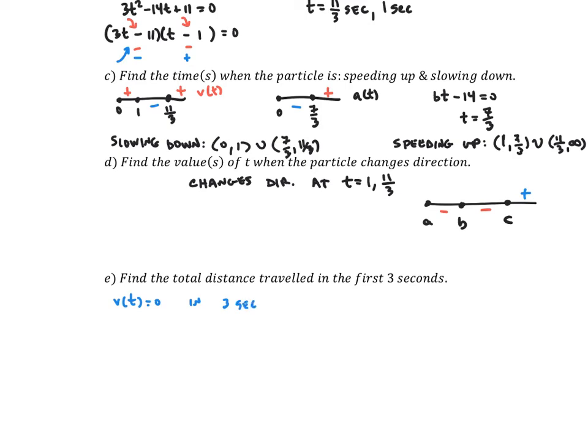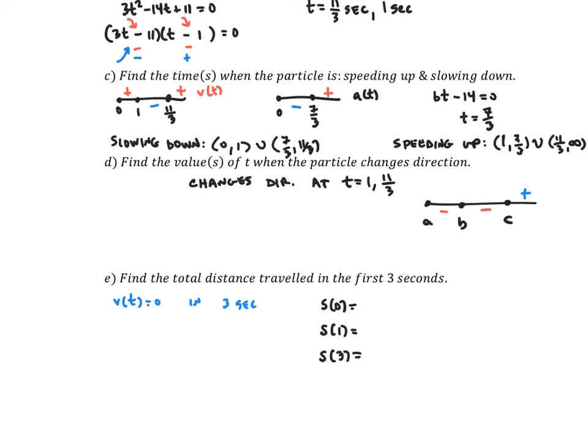Let's analyze this and look at the diagram from above. The particle moves to the right for 1 second. Let's find the position at the start, the position after 1 second, and the position after 3 seconds.